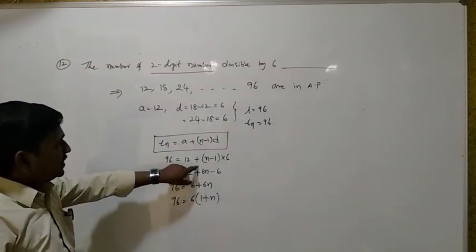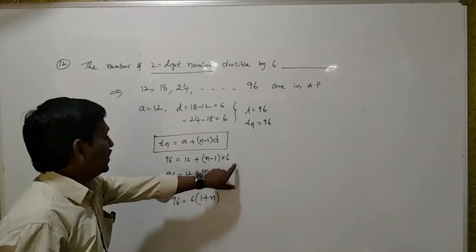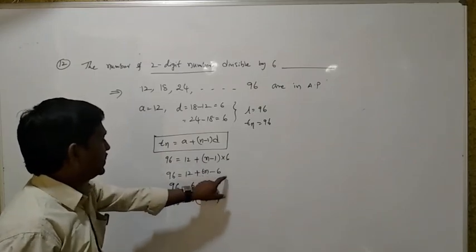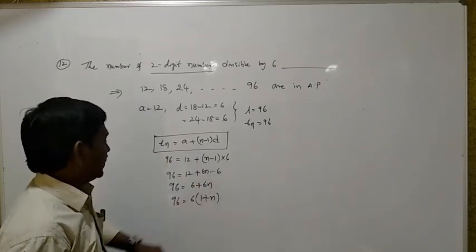96 is equal to 12 plus n minus 1 into d, 12 plus 6n minus 6, 6 plus 6n.